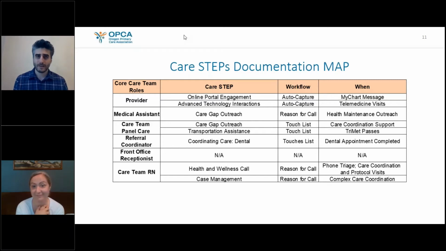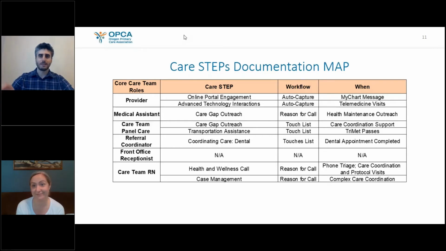They also provide quite a lot of case management, which is a very critical care step, especially as we look at more complex populations. So I think that is a very, very key category for our RNs to take the lead on.